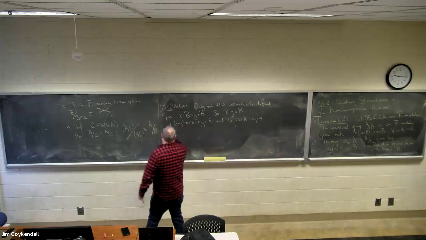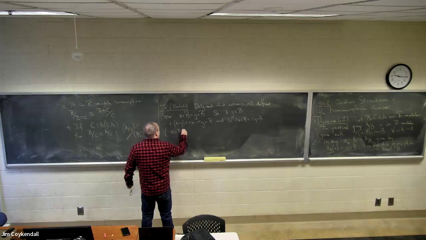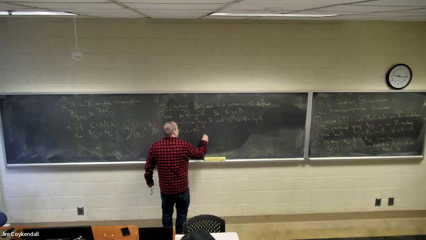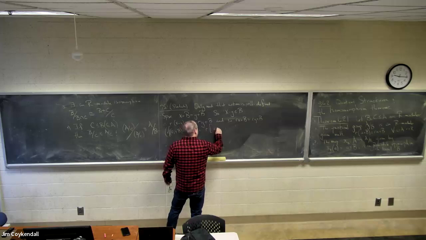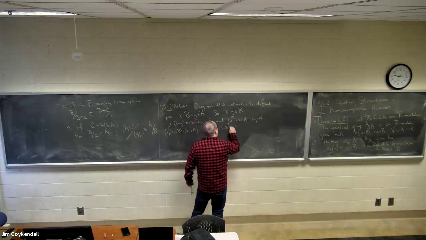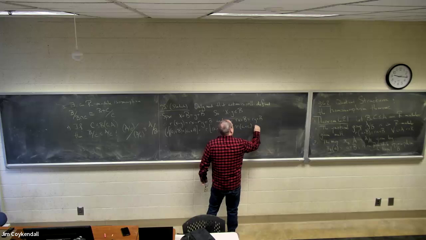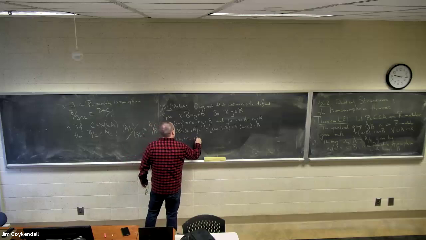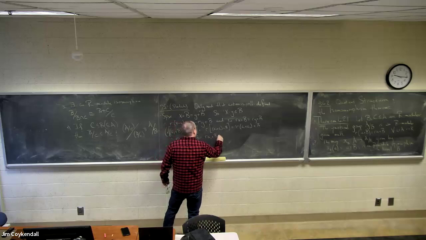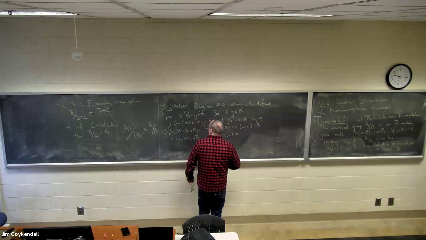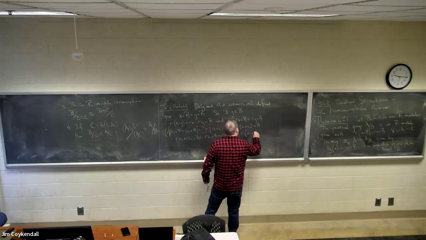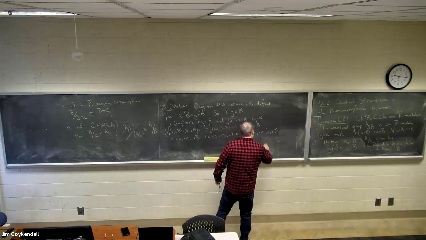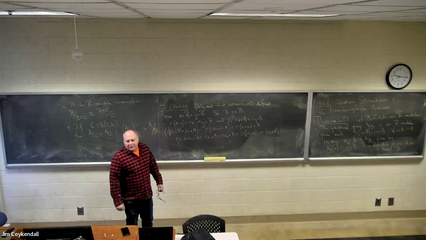So, for example, (A1 plus B plus A2 plus B) times R is R times (A1 plus A2 plus B), which is R(A1 plus A2) plus B, which is RA1 plus RA2 plus B, which is (RA1 plus B) plus (RA2 plus B), and the rest of them are just as tedious as that.